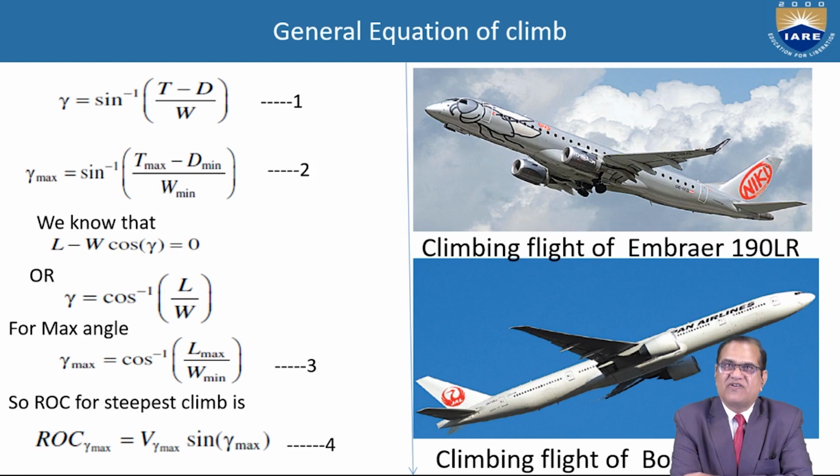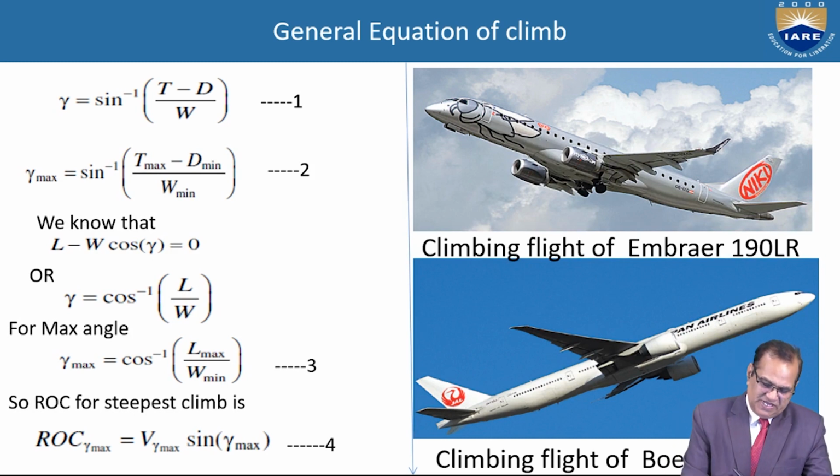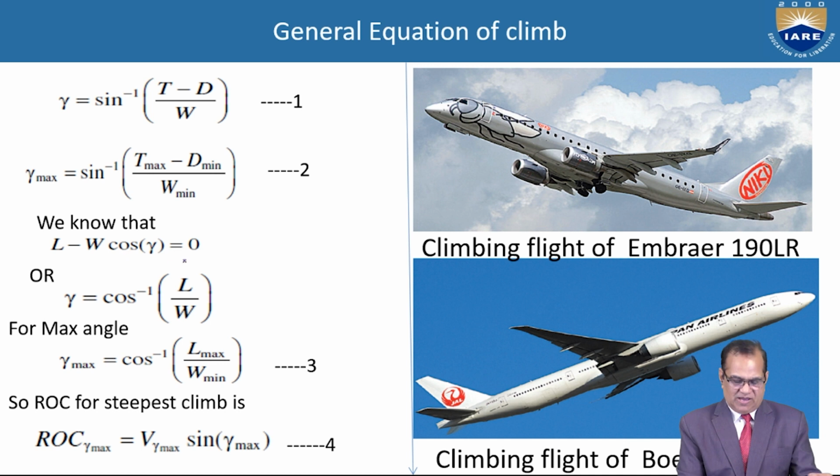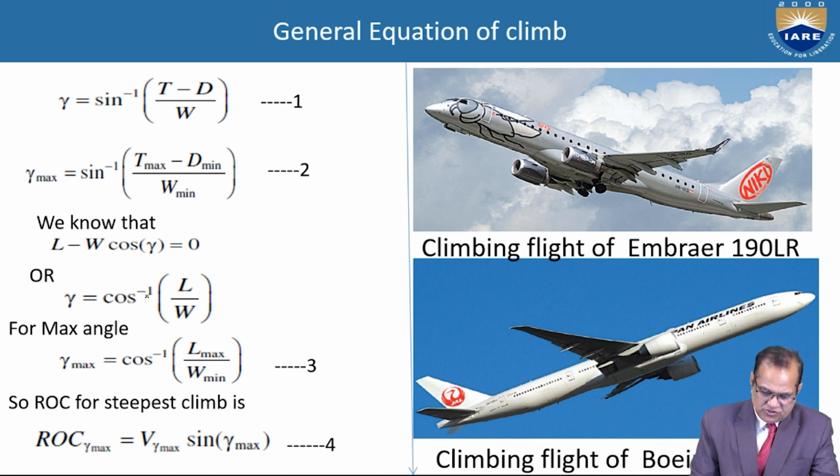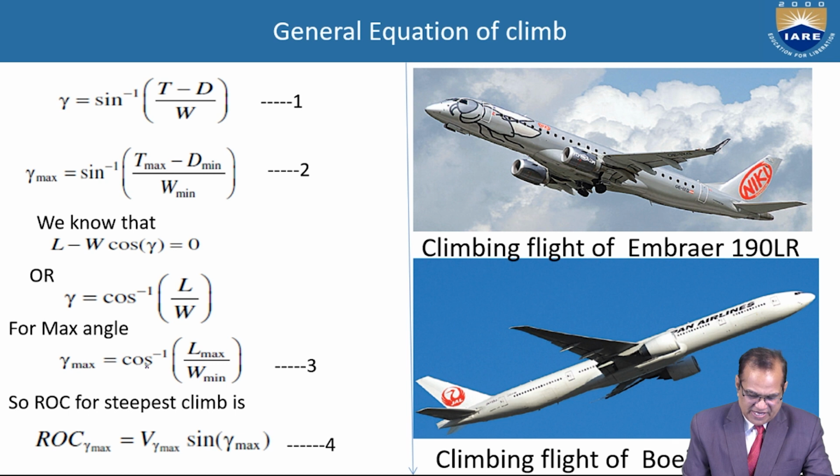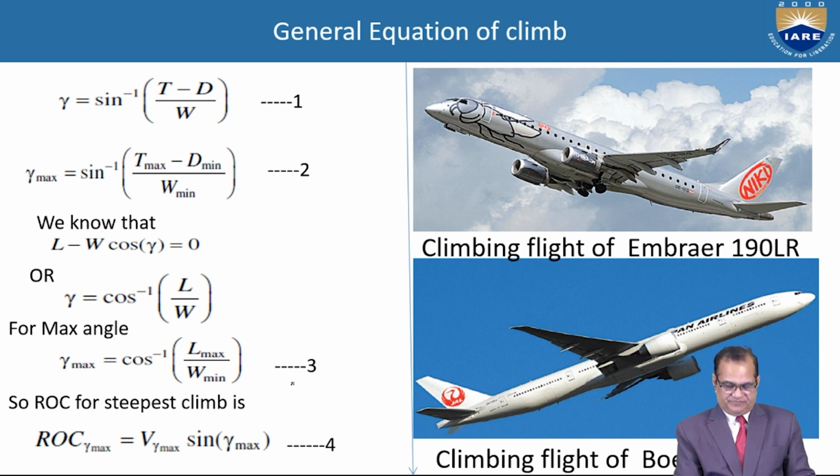Now, the general equation for the climb, which we have already seen: gamma is equal to sine inverse of (T minus D) by W. Gamma maximum is sine inverse of (T max minus D minimum) by W minimum. We know that L minus W cos gamma is equal to 0, or gamma is equal to cos inverse of L by W. So for maximum angle, gamma maximum is equal to cos inverse of L maximum by W minimum.